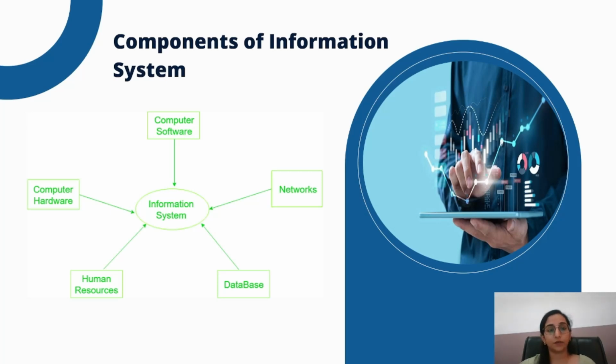Next component is networks. Network resources refer to the telecommunication networks like the intranet, extranet, and the internet. These resources facilitate the flow of information in the organization. Networks consist of both the physical devices, such as network cards, routers, hubs, and cables, and software such as operating systems, web servers, data servers, and application servers.